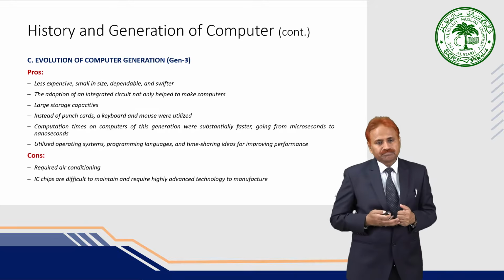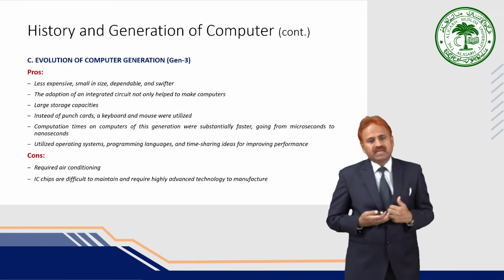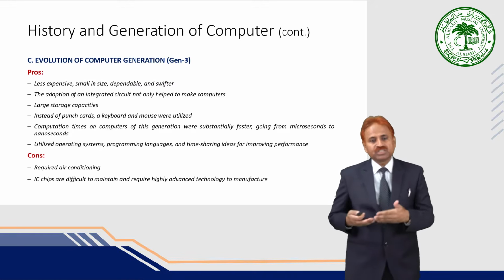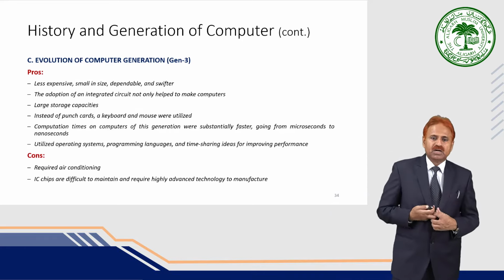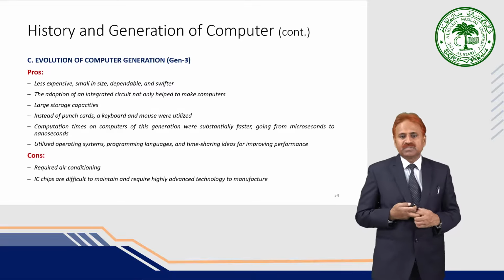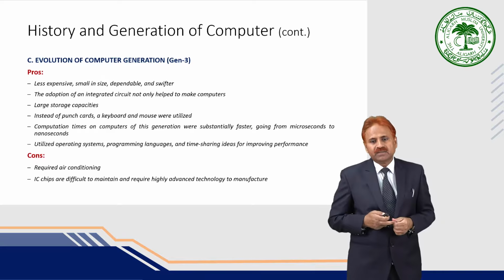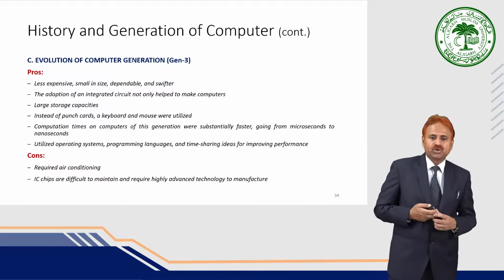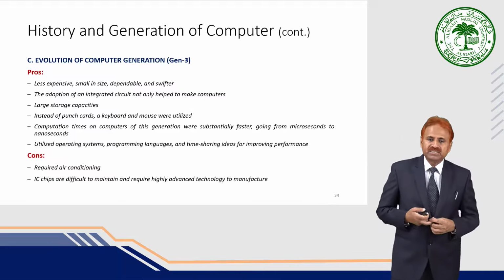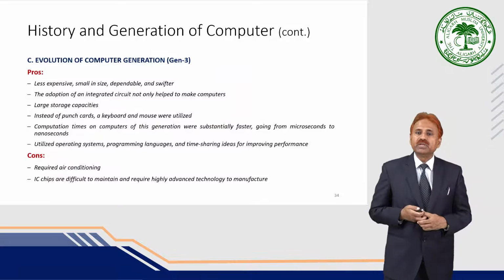They can be characterized by having a keyboard and mouse instead of punch cards, and computation time on computers of this generation was substantially faster, going from microseconds to nanoseconds. They utilized operating systems, programming languages, and time sharing ideas for improving performance.